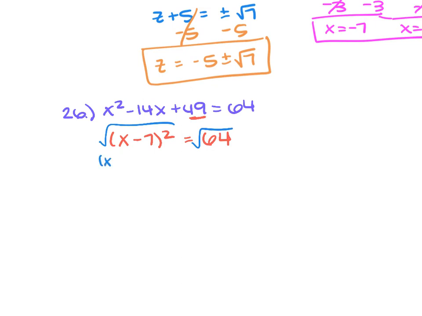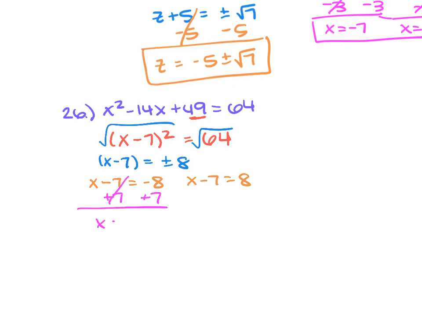We are left with x minus 7 is equal to plus or minus 8. We separate this into two equations. So we're going to have x minus 7 is equal to -8, as well as x minus 7 is equal to +8. Add the 7 to both sides. So x is equal to -1, and x is equal to 15.